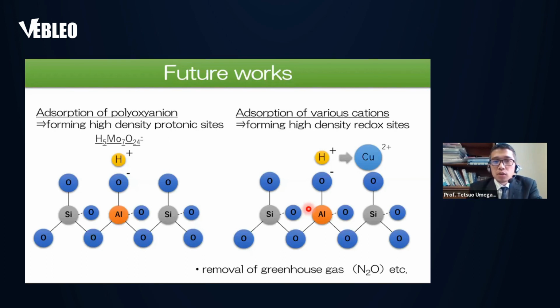Otherwise, the cationic sites have been exchanged with other catalytically active species such as copper cation to obtain high density redox sites and identify its effect on catalytic removal of greenhouse gases such as nitrous oxide.